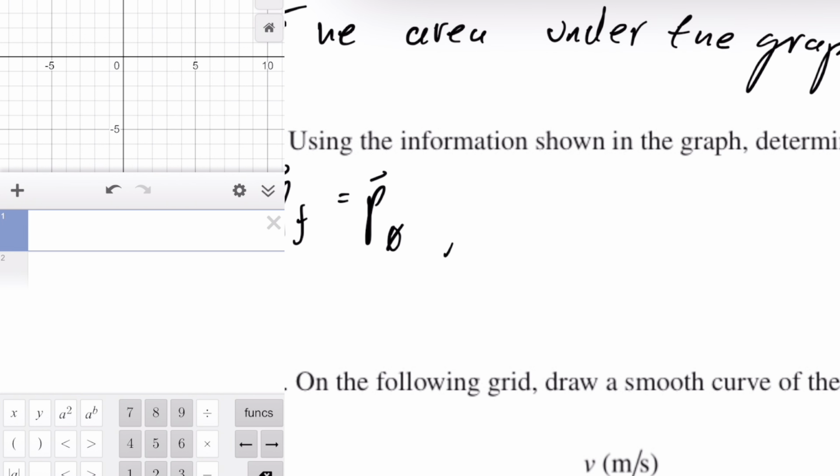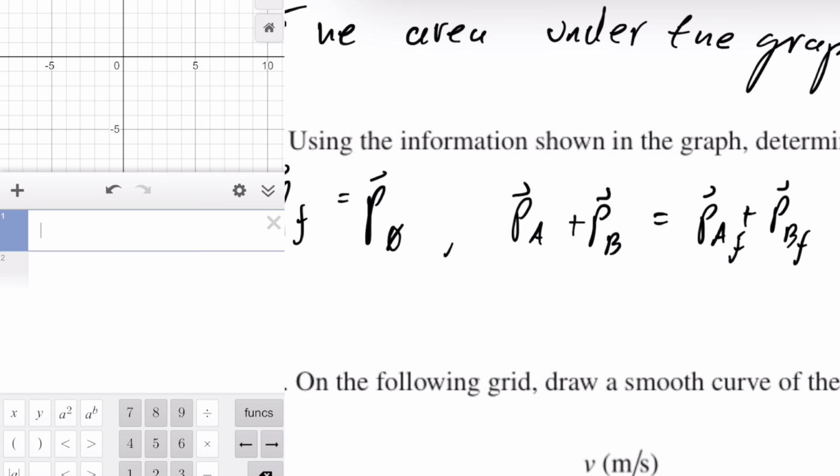So P of cart A plus P of cart B has to equal PA final plus PB final, right? PB was at rest initially, so that goes to 0.